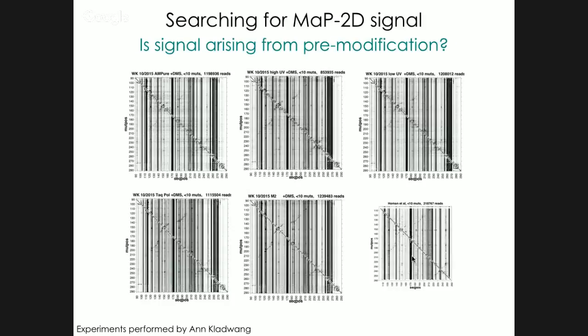So another hypothesis that we wanted to test was to see if there was pre-modification of the RNA occurring before the actual chemical mapping experiment.